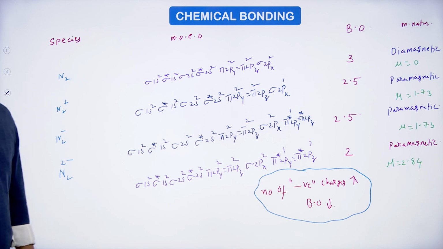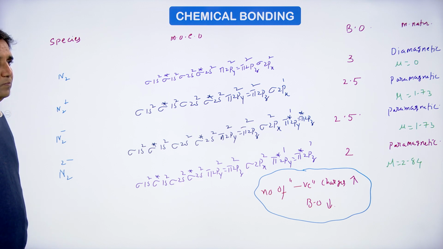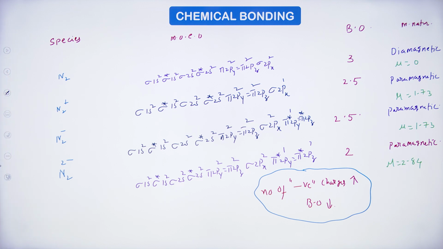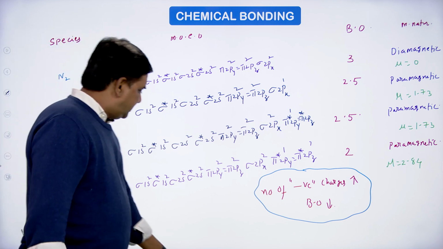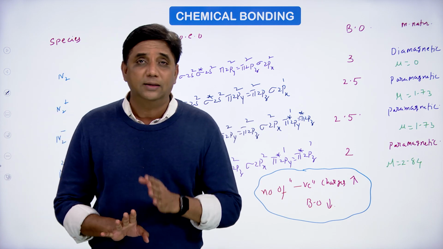So this is how the molecule is formed, students. We have completed H2, H2 plus, H2 minus, the hydrogen species.